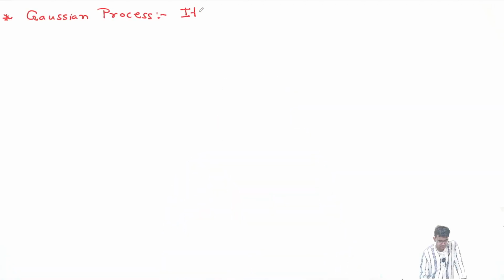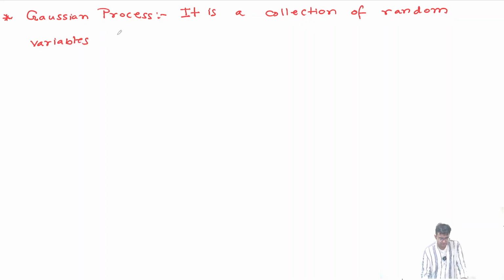Okay, so a Gaussian process is a collection of random variables. It is a collection of random variables, and this collection is potentially infinite.